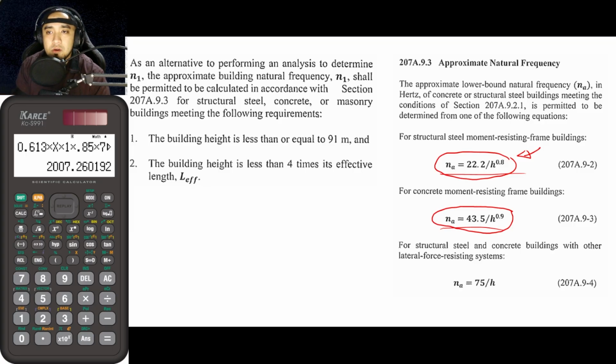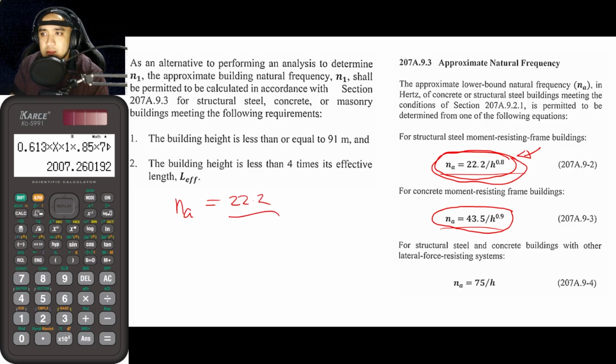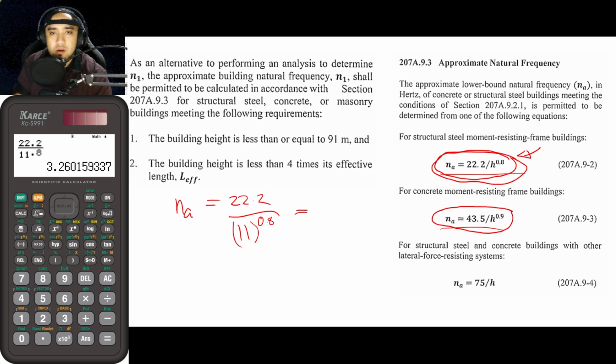Okay, so again, if you would just be making use of this equation, regardless, so if Na is equal to 22.2 divided by H, and the mean roof height of our building is 11 raised to 0.8, the answer here is 22.2 over 11 raised to 0.8. So this is now 3.26 hertz.